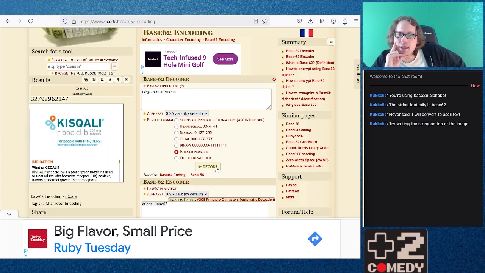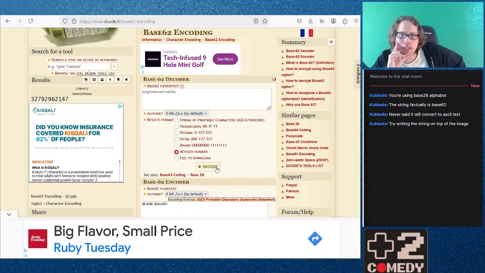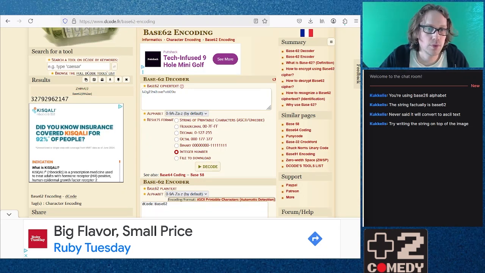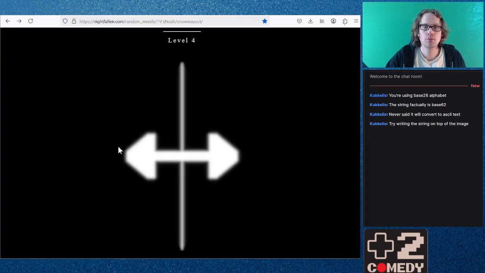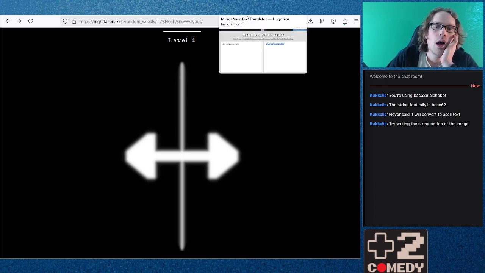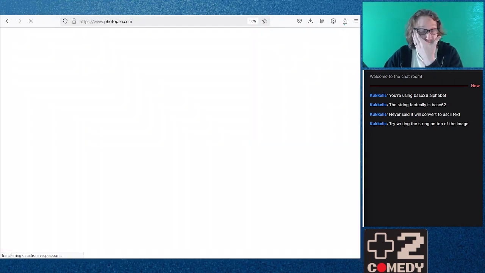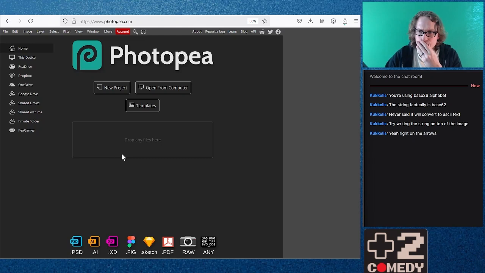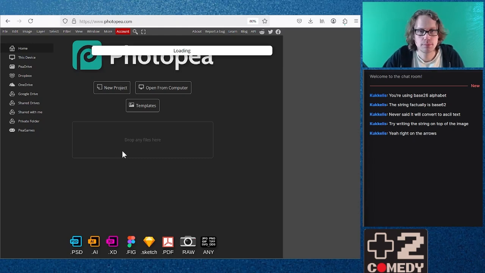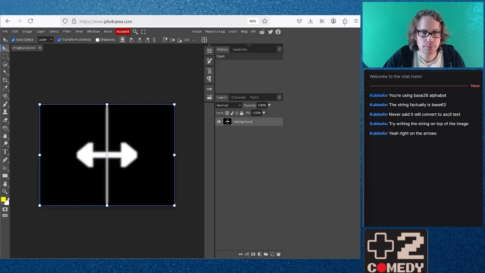Try writing the string on the top of the image. Alright, you say so. On the top of the image? Instead of right here and right here where it's reflected? Around the arrows, sure. Alright, so there's the image.